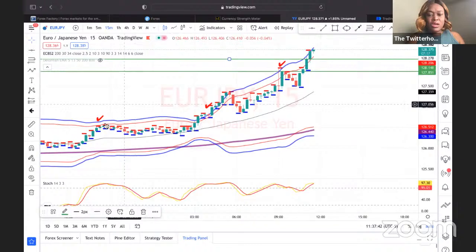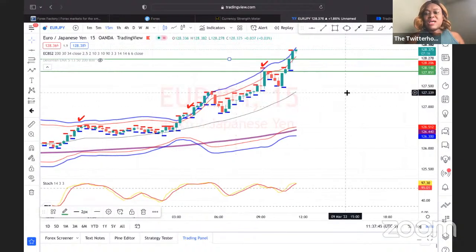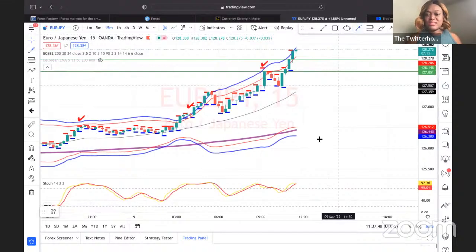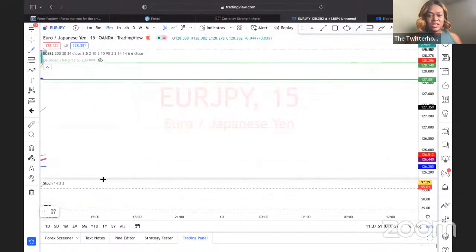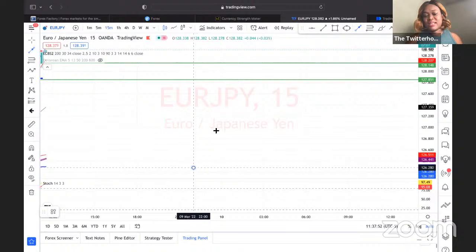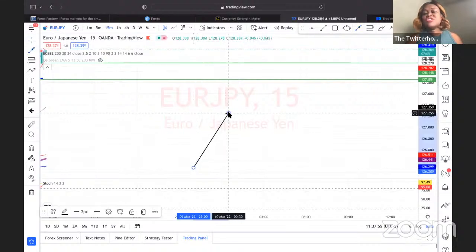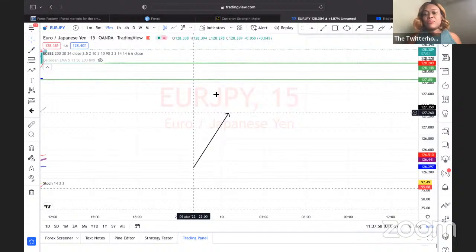Even though we know that price is going up and I said, okay, this is an uptrend, looks like this, right? Price doesn't just move in a straight line like that. Price moves like this.